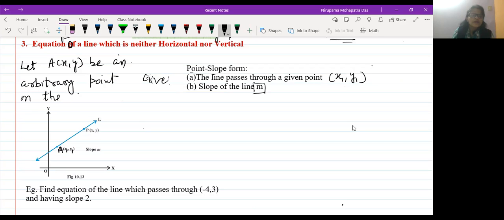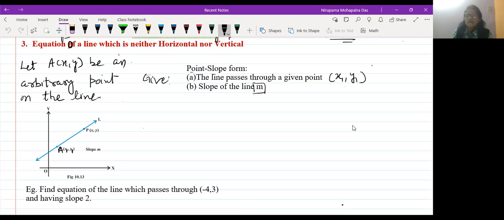So it means basically the variable point, because whenever you form an equation without a variable, you won't be able to get the equation, because every equation contains a variable point. Okay, a little later I will tell you why it is like this. So let P(x, y) be an arbitrary point, I mean any point or variable point, on the line.